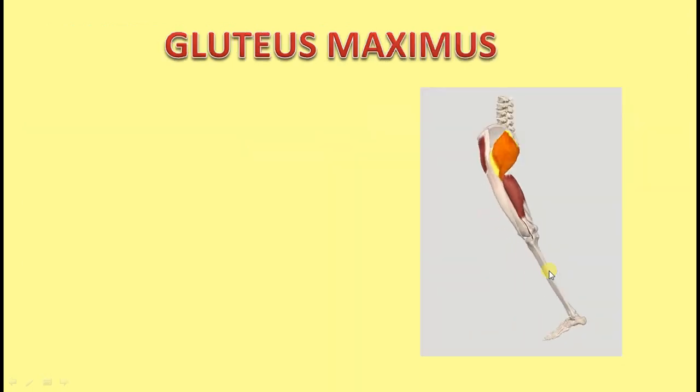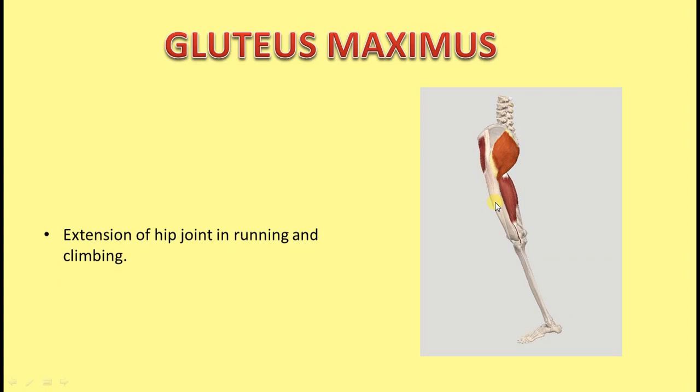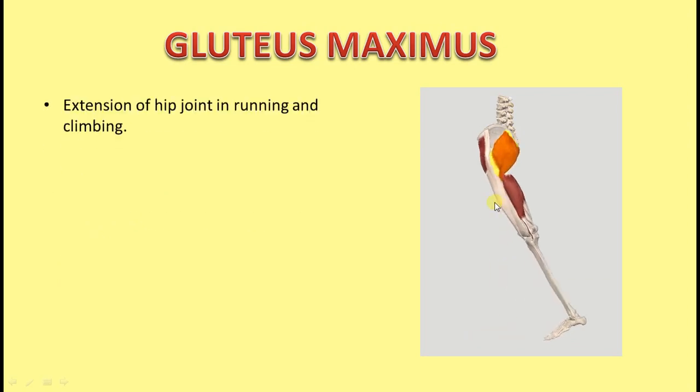Coming to the action of gluteus maximus, it is a powerful extensor of your hip. Okay, so extension of the hip joint, especially when you are running and climbing. While in quiet standing, the muscle is almost inactive, and in that case the extension of the hip joint is maintained by the hamstring group of muscles.